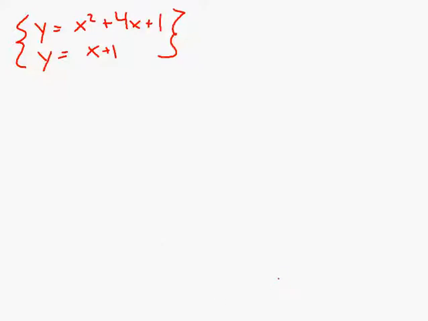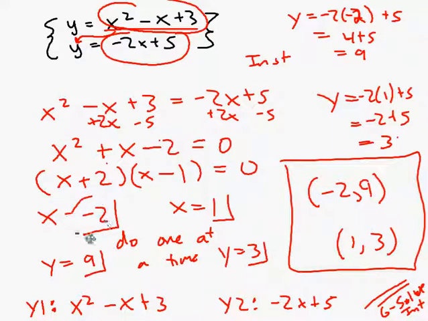We took this negative 2 and put it back into one of these. I did it up here. I put the -2 into here and got y, and I did the 1, put it in here, and got the 3. How do we do log? No, like, how do you solve?